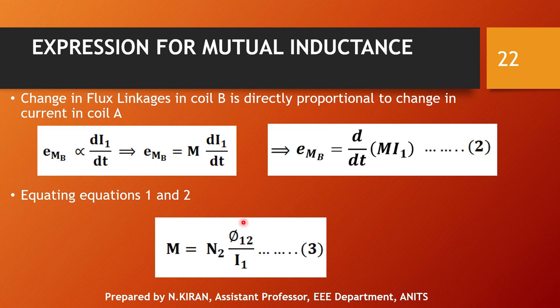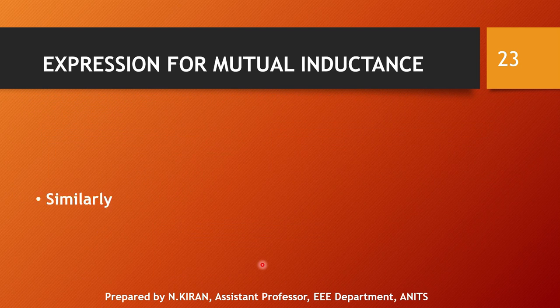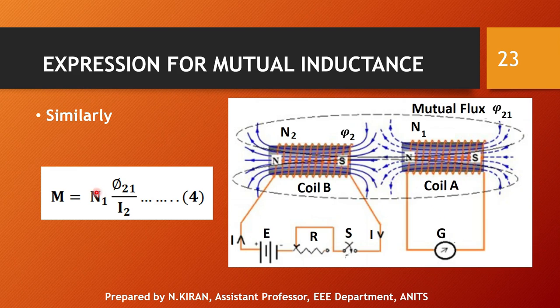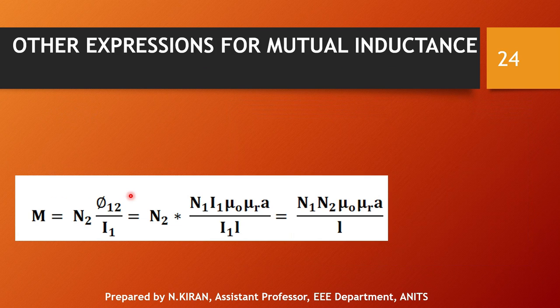In a similar manner, for the second case, I'll get M equal to N1 phi21 by I2. Here N1 is the number of turns of the first coil, phi21 is the mutual flux, and I2 is the current flowing in the second coil.